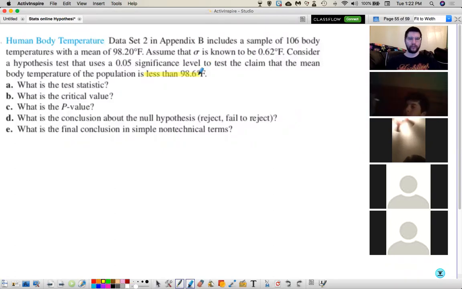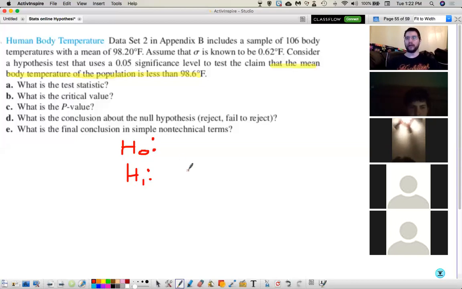So there we go. There's our claim that the mean body temperature of the population is less than 98.6. That's what we always start with. Our hypotheses, our null, and our alternative. The claim tells you what our null and alternative are.